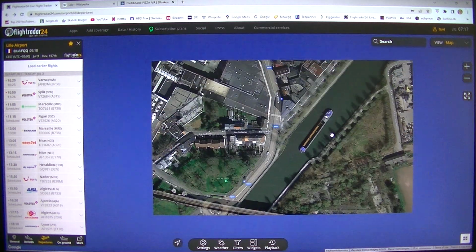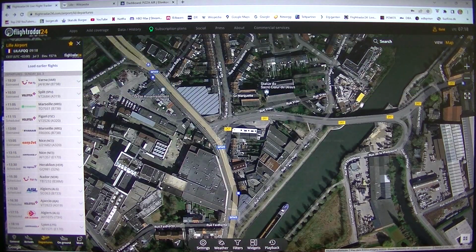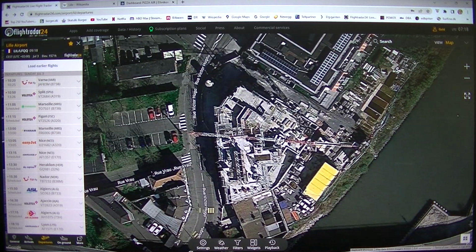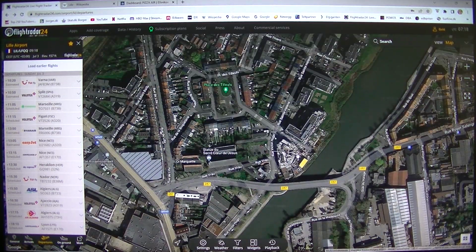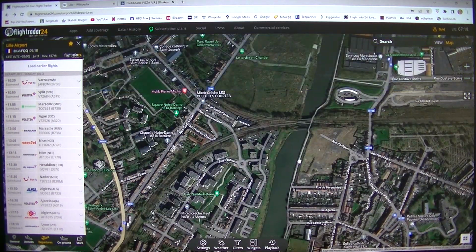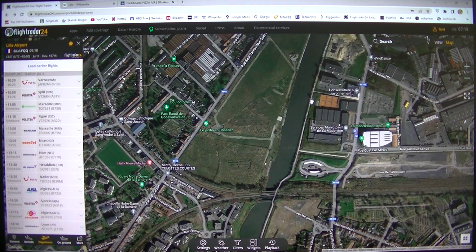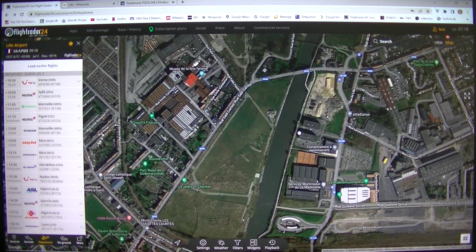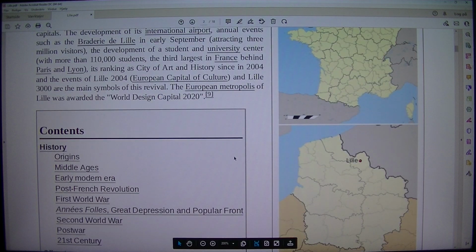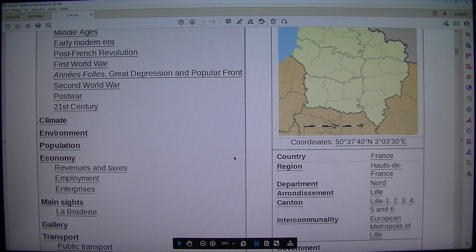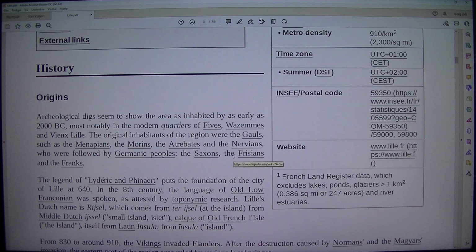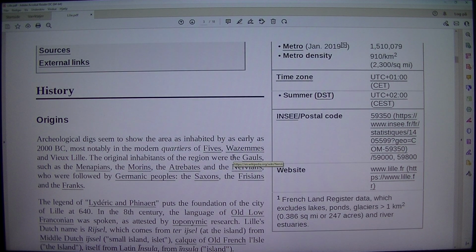Library. Gallery. Transport. Public transport. Railways. Highways. Air traffic. Waterways. Education. Notable people. The arts. Politics, military and public service. Science and mathematics. Sport. Media and sports.